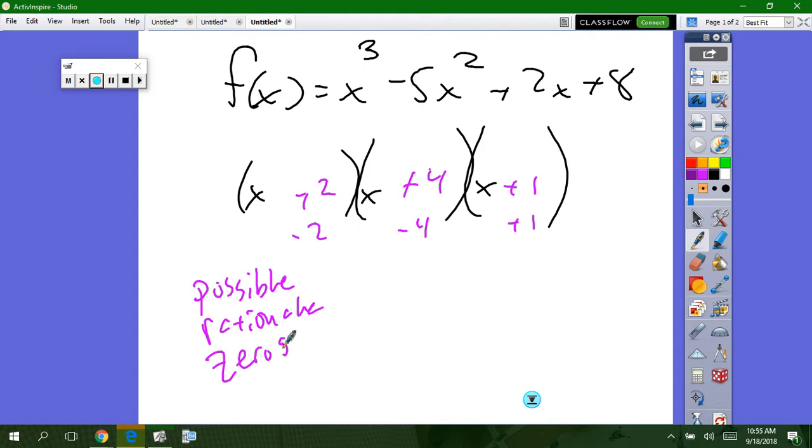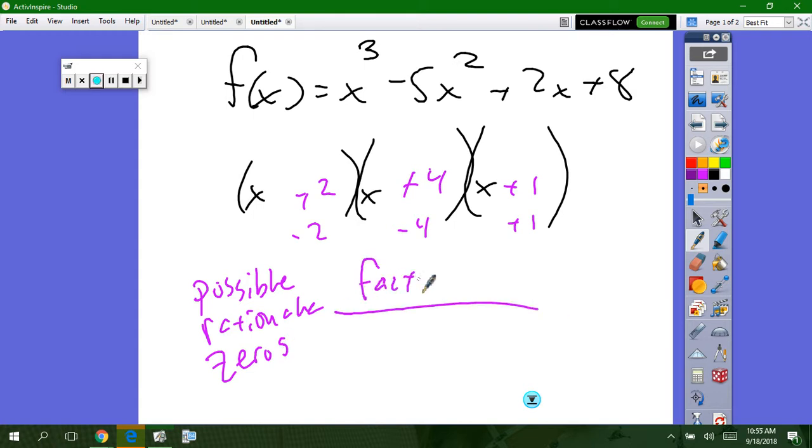What if there's a number here? I would subtract the 2, divide by 3, if there was a 3 there, right? So it's the possible factors of the constant divided by who? The factors of the leading coefficient. So that's what our possible rationals are.